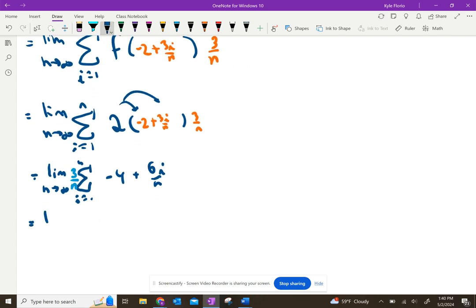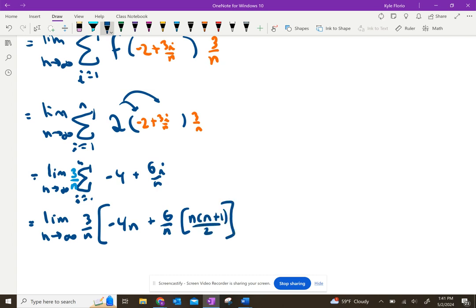Now I'm going to use my sum formulas. So we have 3 over n factored out. And then if I add up negative 4, n times, that formula is just negative 4n. And then I have a 6 over n here. If I add up i, n times, 1 plus 2 plus 3 plus all the way to n, we have that formula: n times n plus 1 over 2.